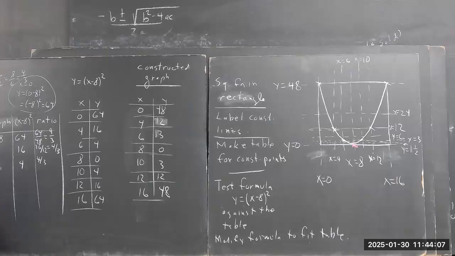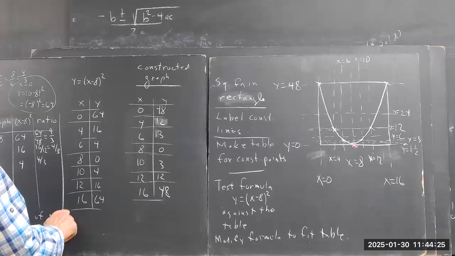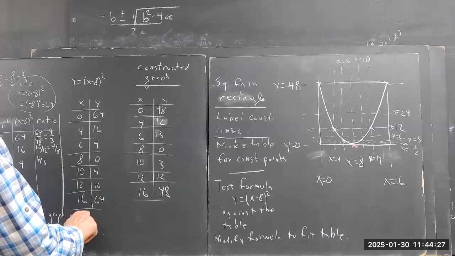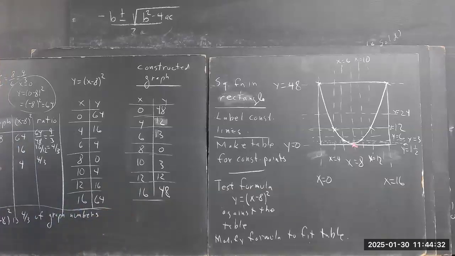So we'll say x minus 8 squared is 4/3 of graph numbers.